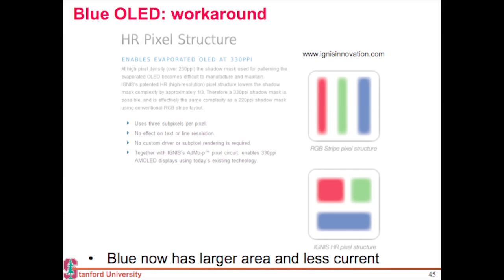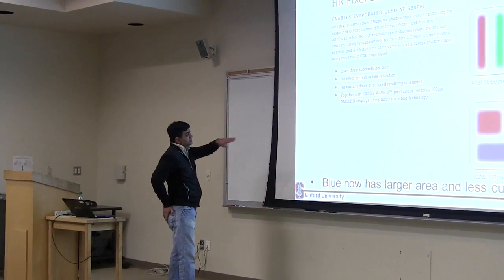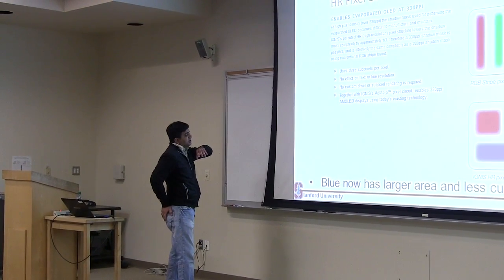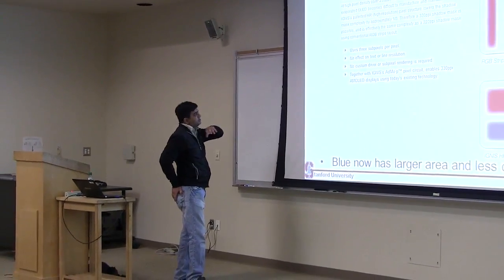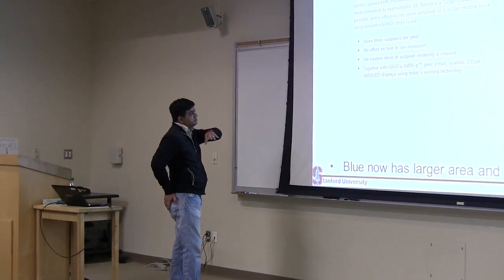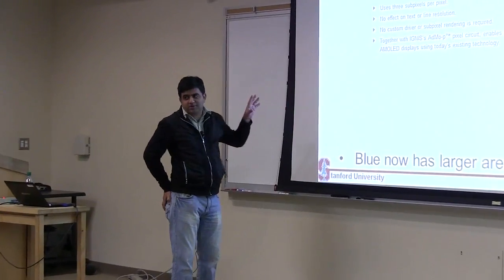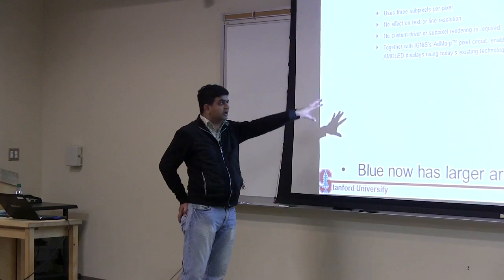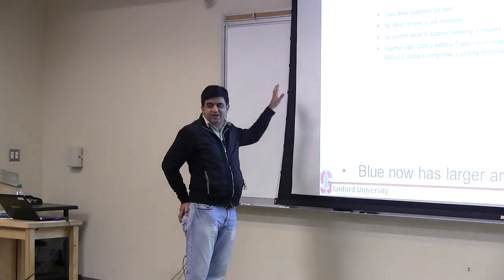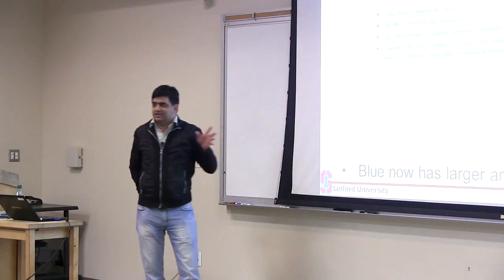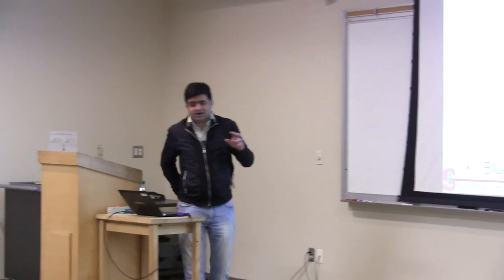There's a company that licenses this technology. So your blue pixel has larger area and less current. Some of the Samsung displays are using this currently. If you look at your Samsung display under a microscope, you might find either this or that or a mixture of these, but it's very interesting to look at it under a microscope.